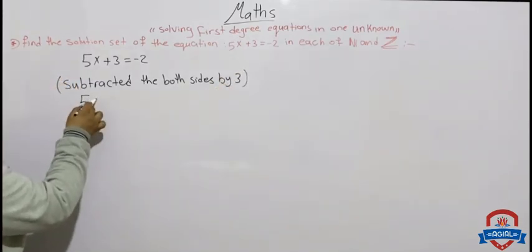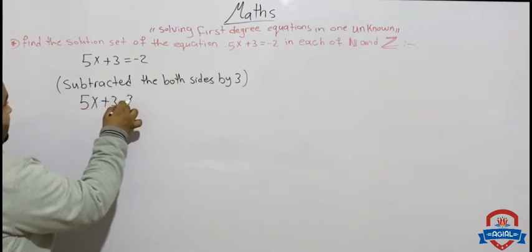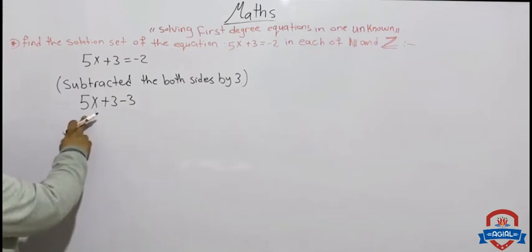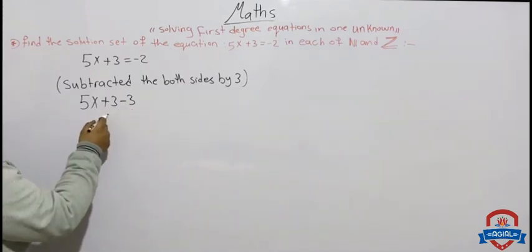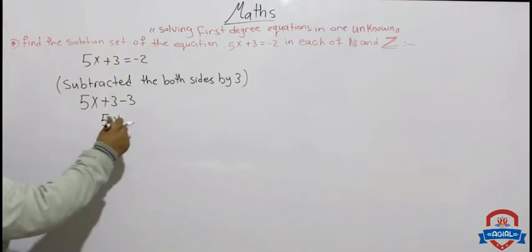The left hand side equals 5x plus 3 minus 3. 3 minus 3 equals 0 and 5x plus 0 equals 5x. So the left hand side equals 5x.